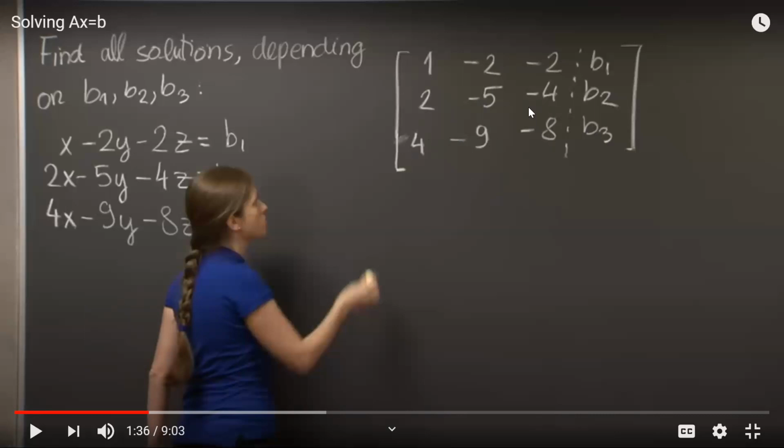We would like to use some row operations to convert it into an upper triangular matrix. When we say upper triangular matrix, we mean that above the diagonal we can tolerate some non-zero entries, but on the lower part of the diagonal we would like to have zeros. So this is called an upper triangular matrix.